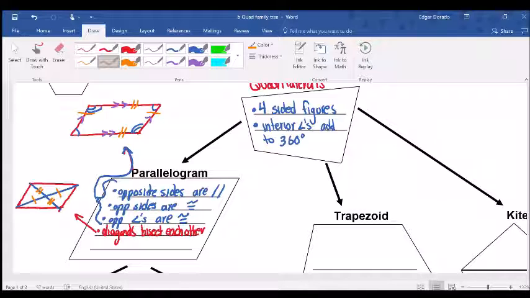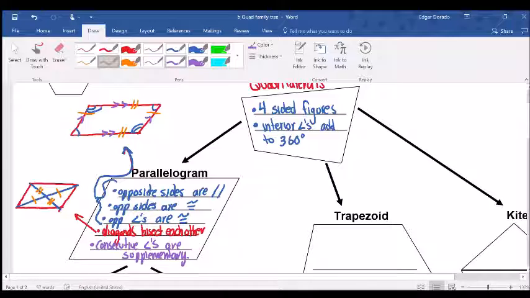Right? And then finally, the last bit here is that consecutive angles are supplementary, meaning they add up to be 180 degrees.